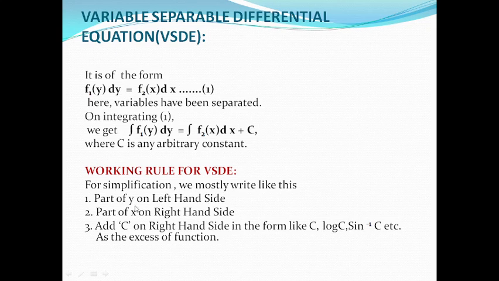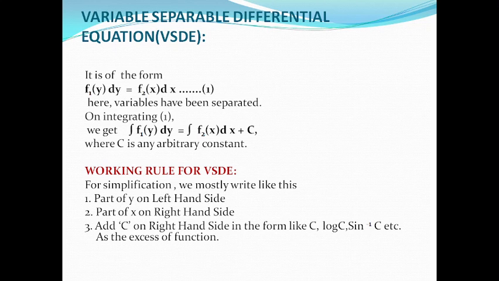For example, if we suppose the dependent variable is y, then we generally put y on the left hand side and x is the independent variable. So we put the independent variable on the right hand side, and after integrating we add c, the constant of integration, on the right hand side.